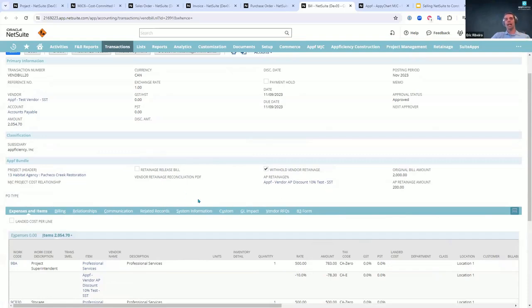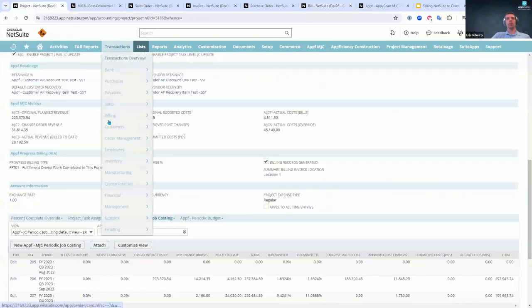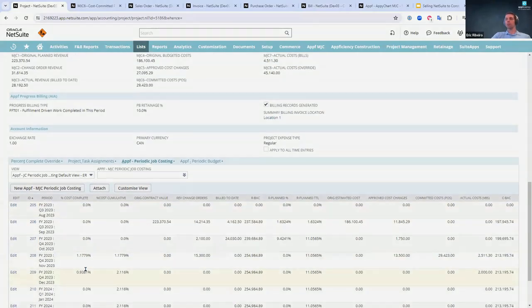Ultimately, we can track that and treat that retainage separately than how you would treat your normal receivables or your normal payables. Okay, and so we see the vendor bill ultimately being tied back to our project at JC7, and this is ultimately going to calculate your percent cost complete.